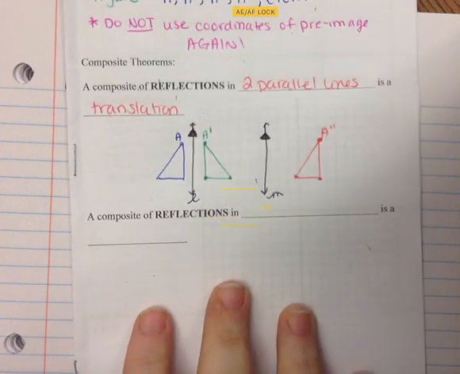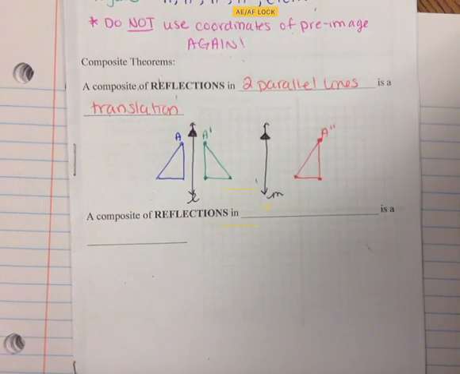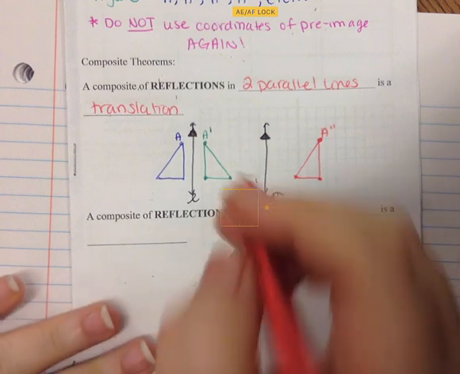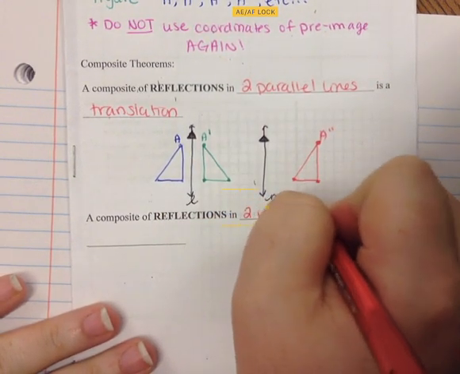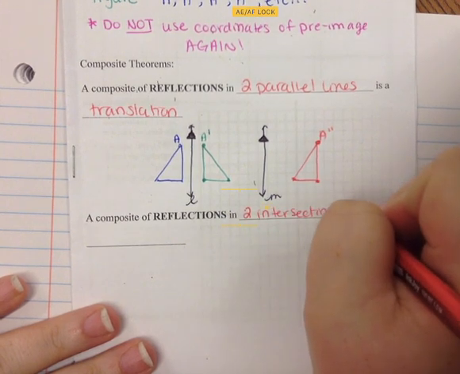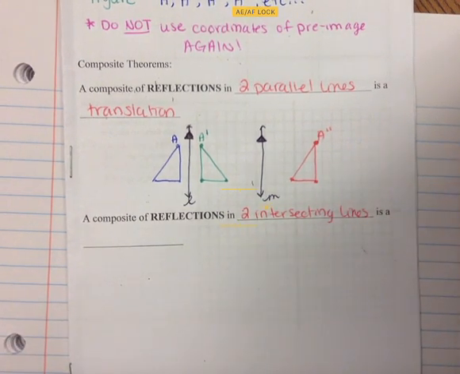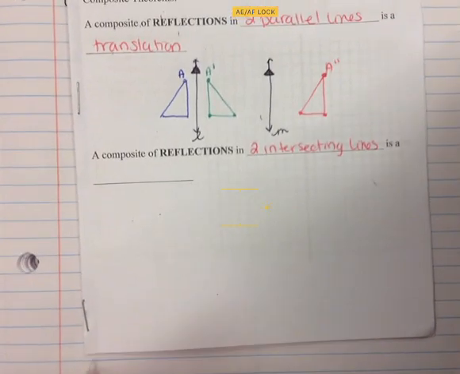The second theorem for composite of reflections is when a composite of reflections is over intersecting lines. Intersecting lines is actually just a rotation.